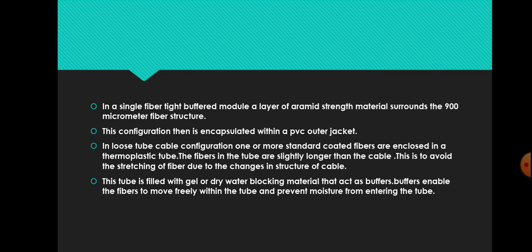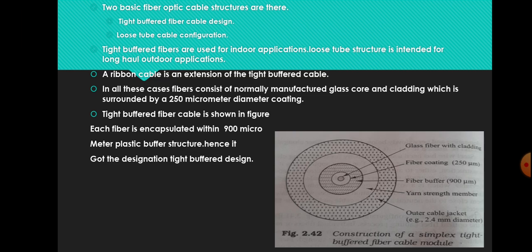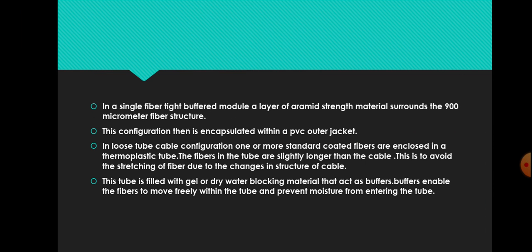Also, in a single fiber tight buffered cable, there is only one single fiber, and in that case a layer of aramid strength material surrounds the 900 micrometer fiber structure. You can see in the figure that above the buffer structure there is an aramid yarn strength member, and this configuration is then encapsulated within a PVC outer jacket. This is the case of a tight buffer structure.